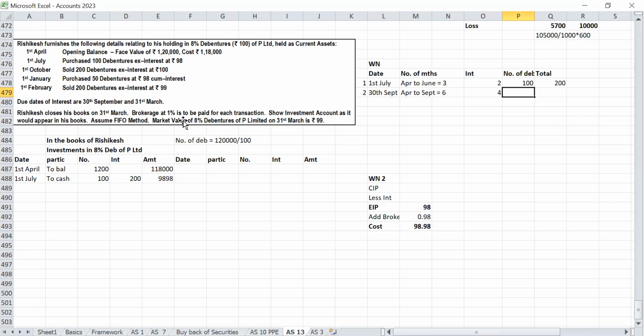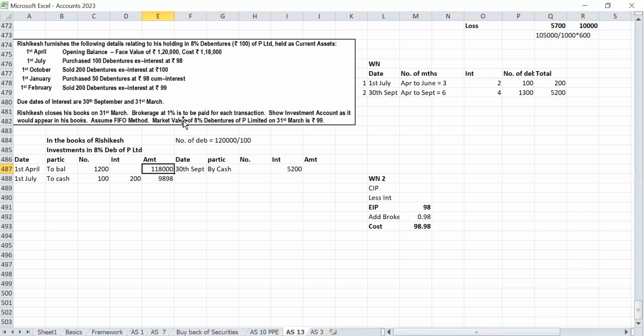How many debentures in hand? 1,300. So 5,200. Date 30th September, by cash, interest 5,200. Interest alone.